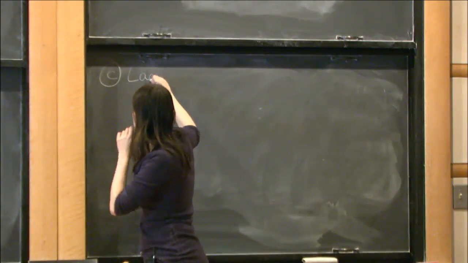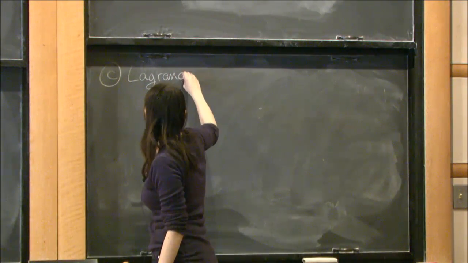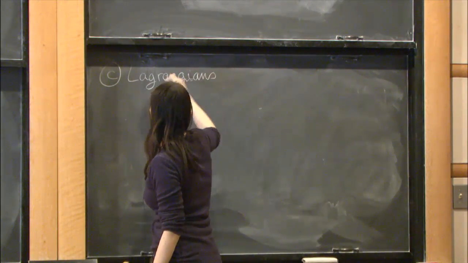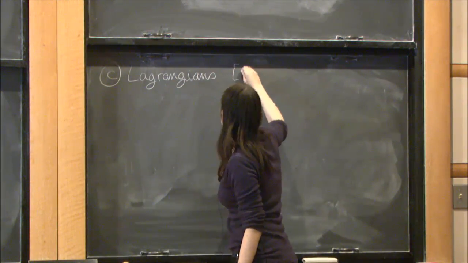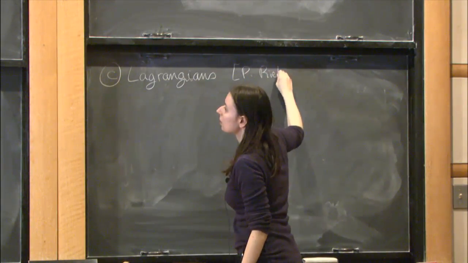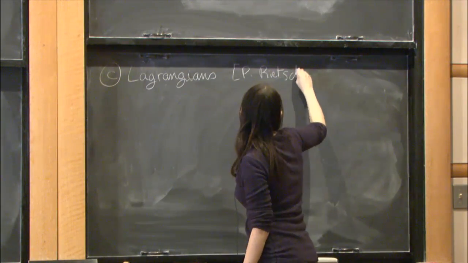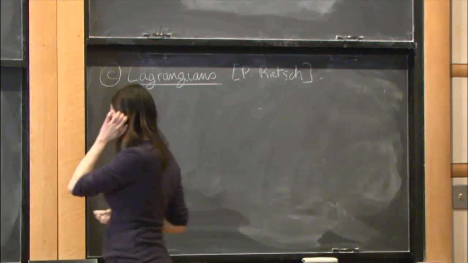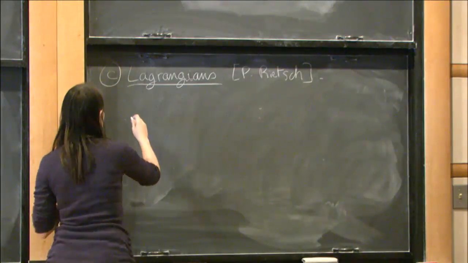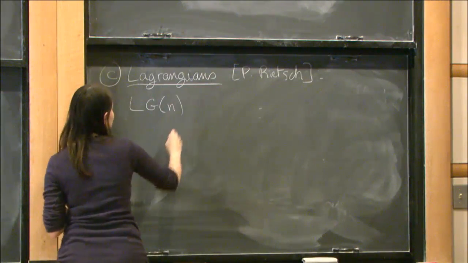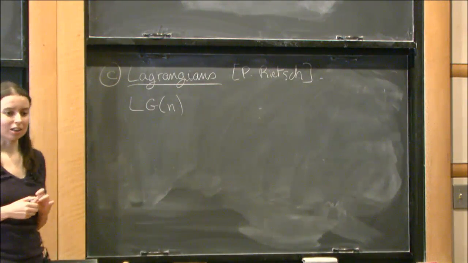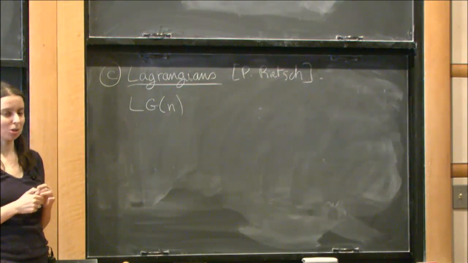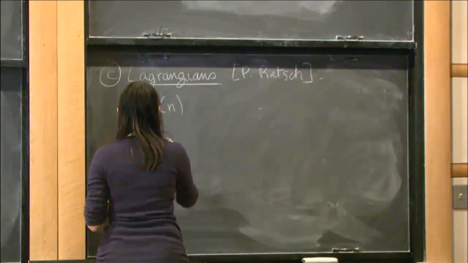Now I'd like to talk about the Lagrangian Grassmannian, which is, as I said, an example which is really non-minuscule. So here what happens, my Lagrangian Grassmannian that I defined earlier, so the Lagrangian of isotropic subspaces of dimension n inside a symplectic space of dimension 2n.